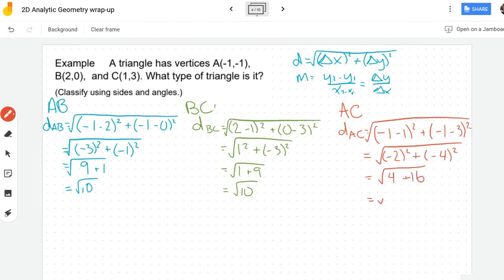And you'll notice that this is now the square root of 20, which is not the same as the other two, which means that it is an isosceles triangle.